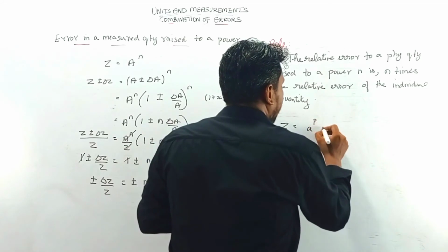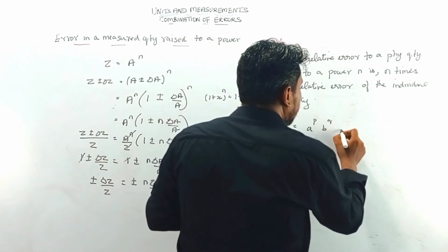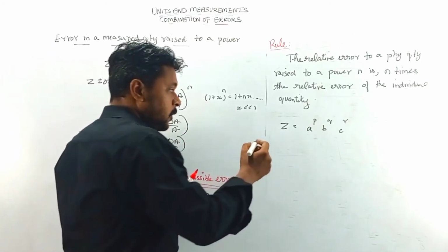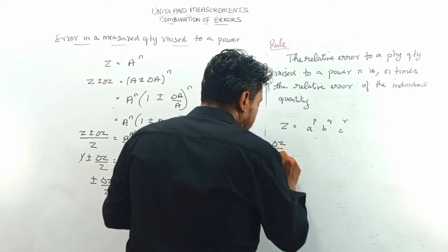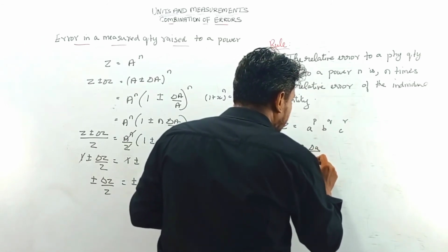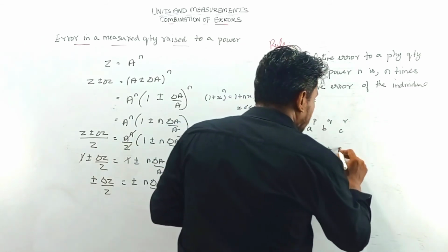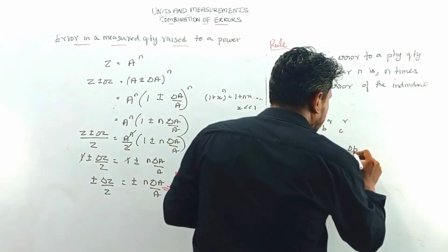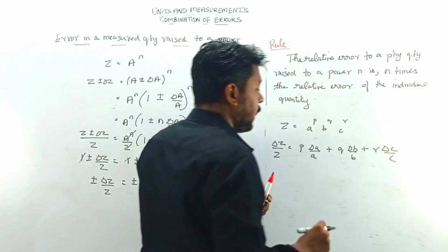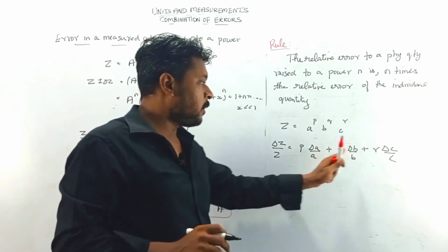Z is equal to a power p, b power q and c power r. If this is the condition, how will you represent it with the relative error? Delta z by z is equal to p into delta a by a plus q into delta b by b plus r into delta c by c. This is the way of representing.